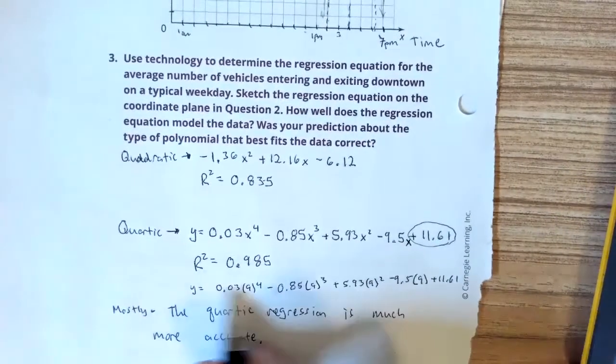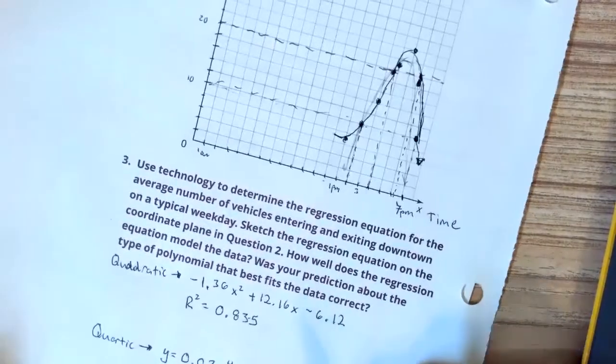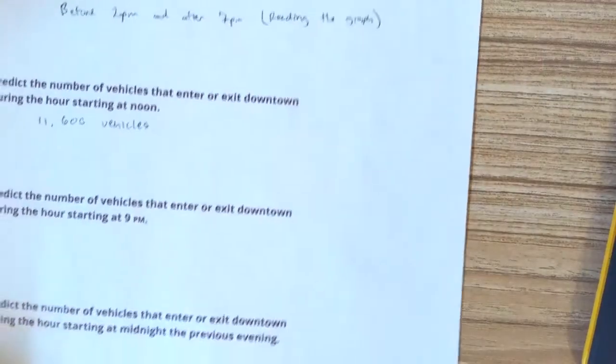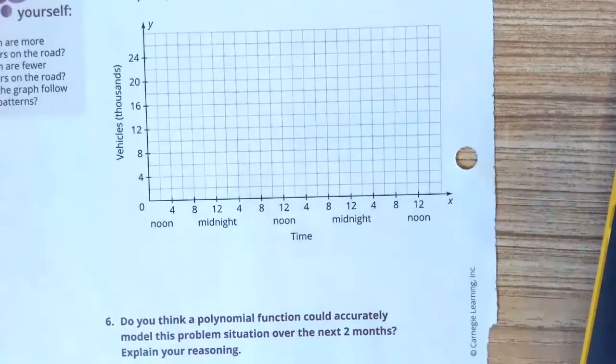That's all you have to do, just evaluate it at whatever x value it's giving you. So it shouldn't be too difficult. I'll let you do that on your own. The rest of these questions are not really going to apply for us too much.